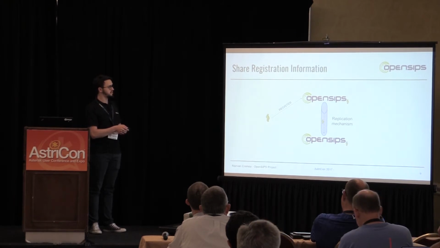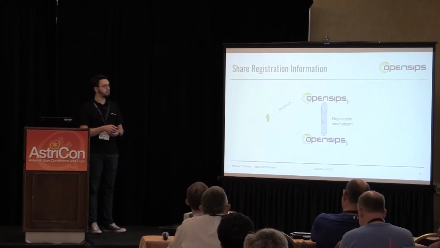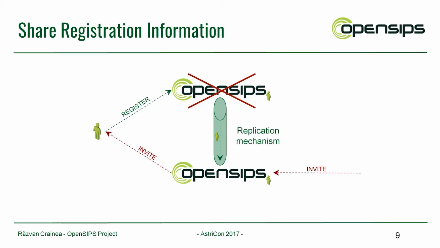It sends its registration information, and this one stores it and then forwards it down to this one. So now both instances know the same thing. Both instances know where the green guy is. Therefore, if this goes down and an invite comes, you know exactly where the green guy is because you also have this information, right?